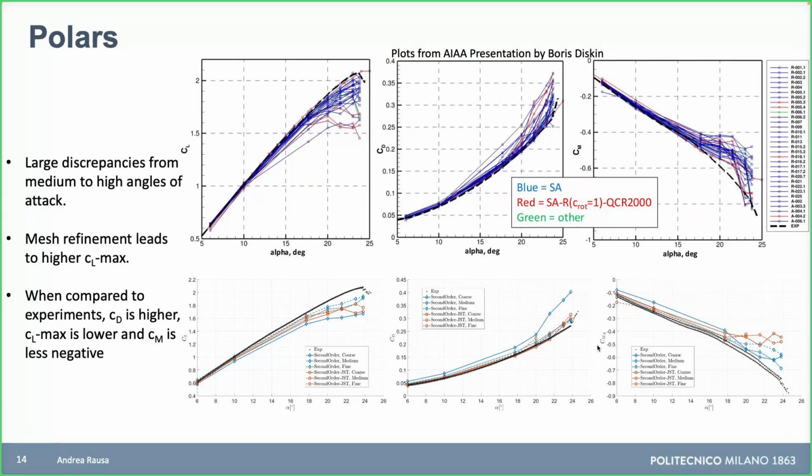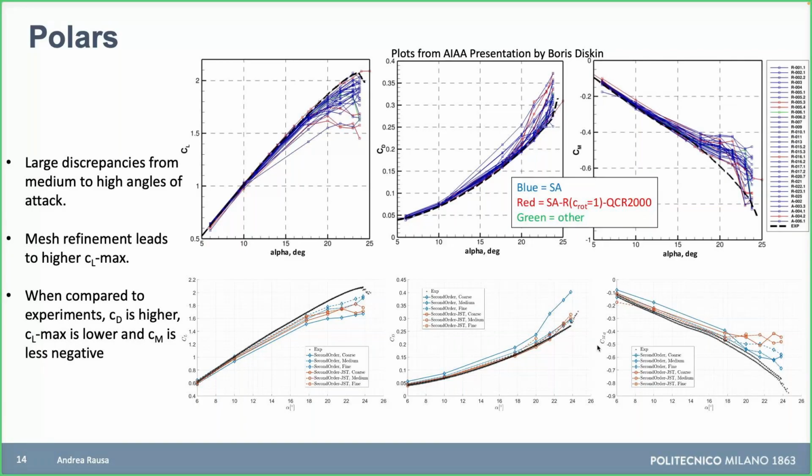So we can see that general agreement at the lowest angles of attack is nice, both between experiments and amongst the solvers. But as soon as we go to higher angles of attack, some solvers just deviate and stall faster, the CL max is not really well captured. And also the CMY shows the most deviation from the actual experiments.